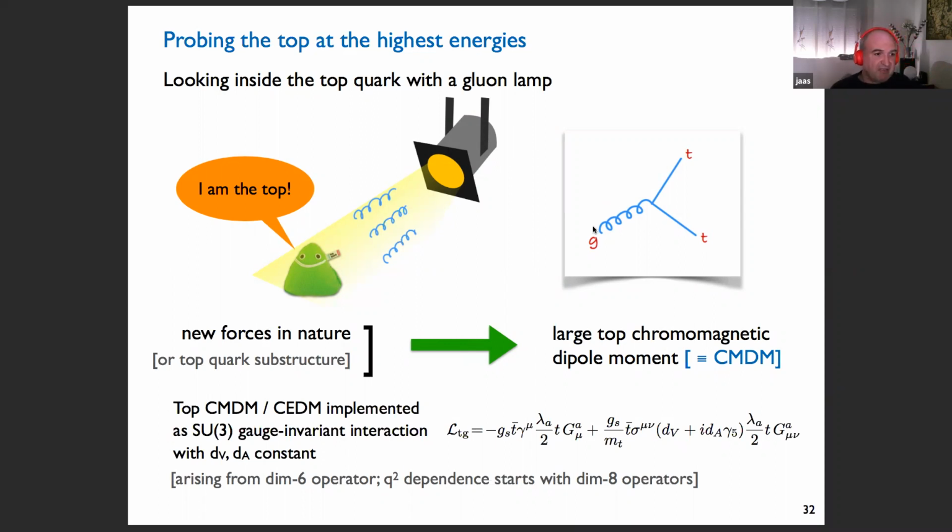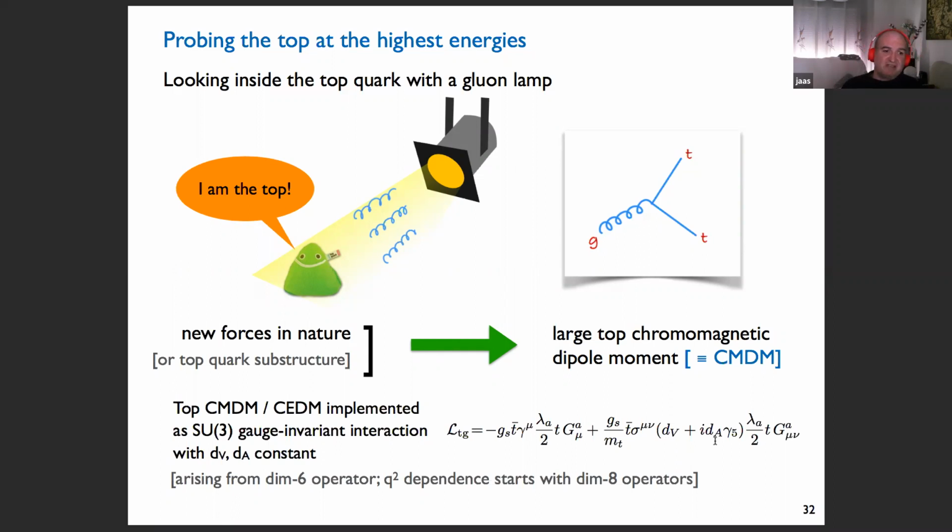This chromomagnetic moment, and also chromoelectric, can be implemented as this Lagrangian, which is invariant under SU(3), and with a constant chromomagnetic and chromoelectric dipole moments.